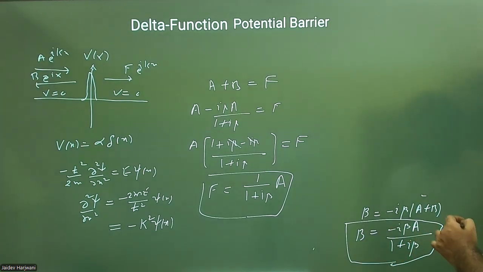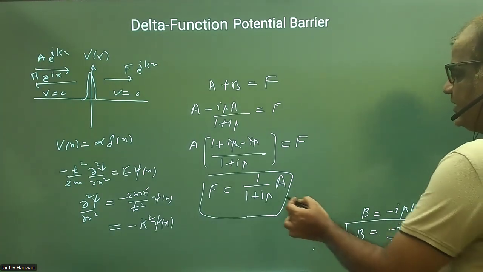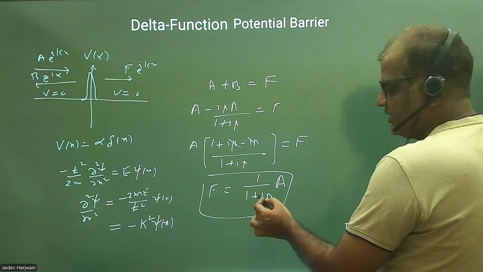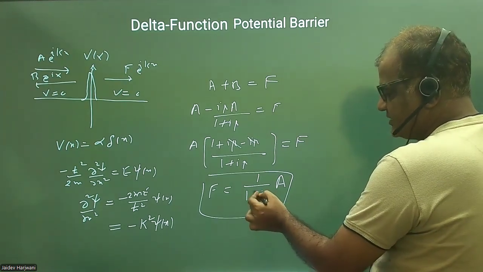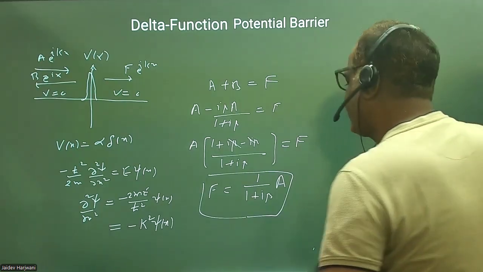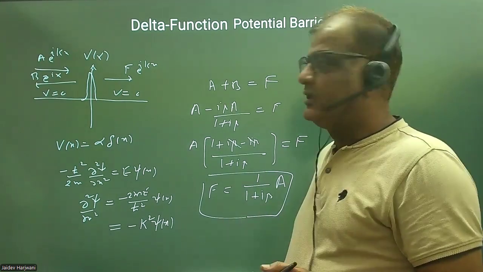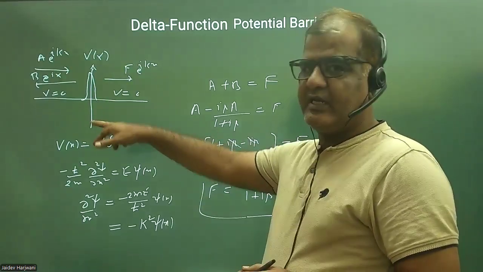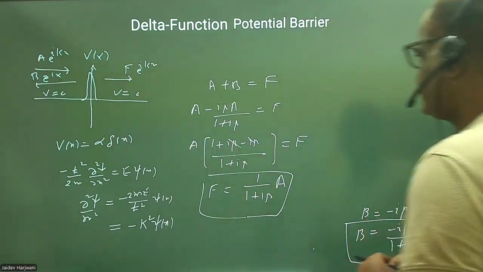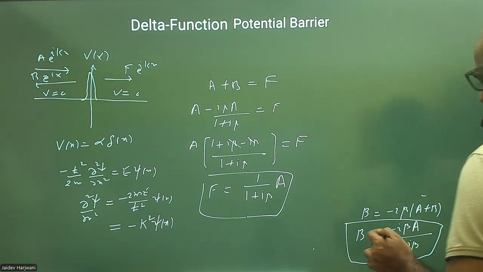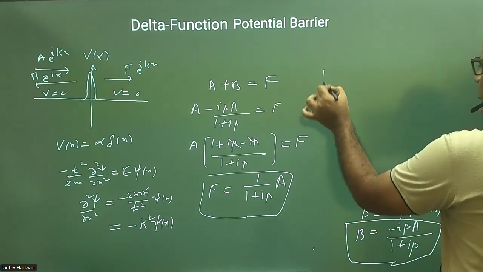So you see the beta here is 1 plus iota beta. In the case of the well, here we have a minus iota beta. So magnitude will remain the same, but there will be a change of phase when we have a potential barrier and potential well. So now let us find the reflection coefficient.